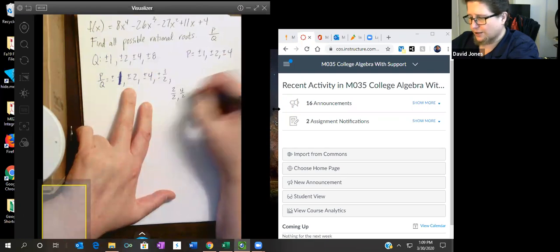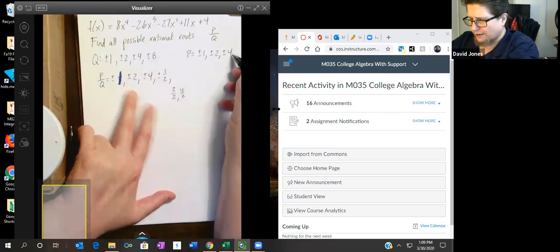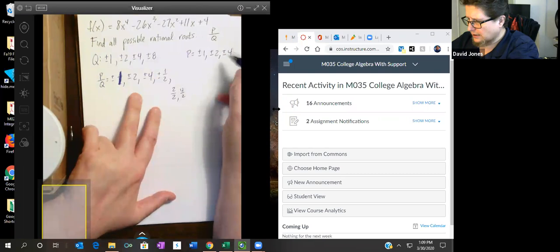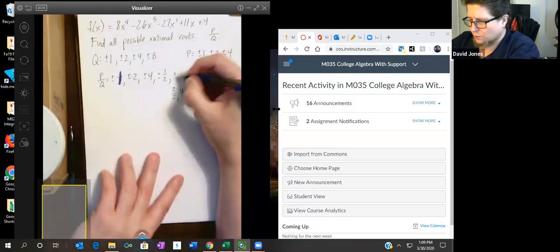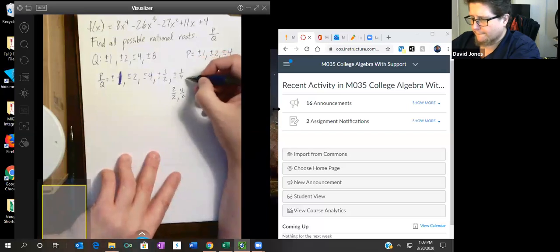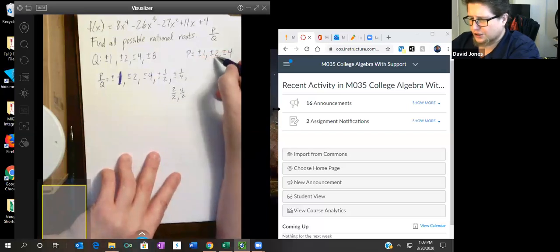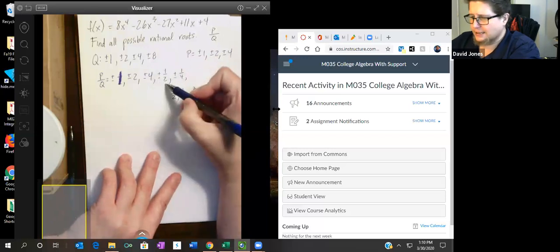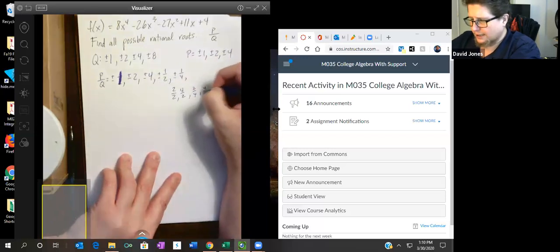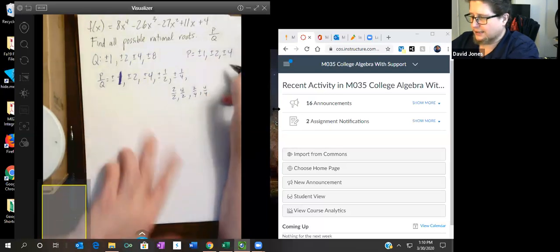So we don't need either one of those. And now I'll do my 4. Now I'm looking at Q is 4 on bottom. I've got plus or minus 1/4. Plus or minus 2/4 is 1/2, done. And 4/4 is 1. That one's done.